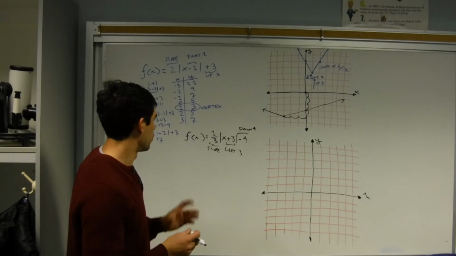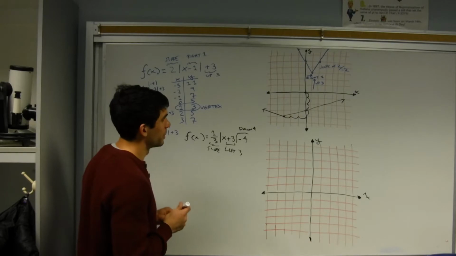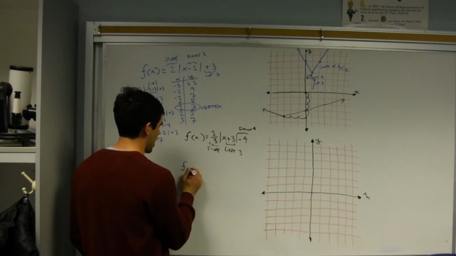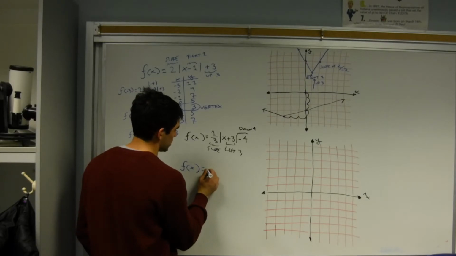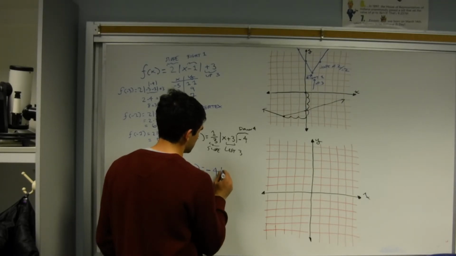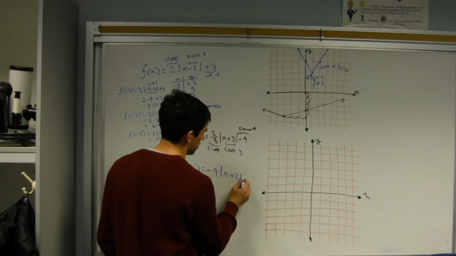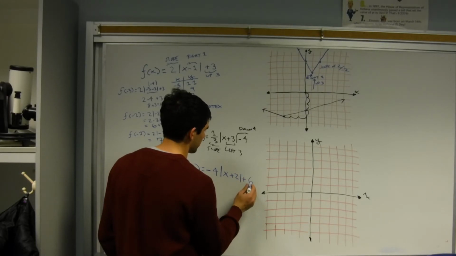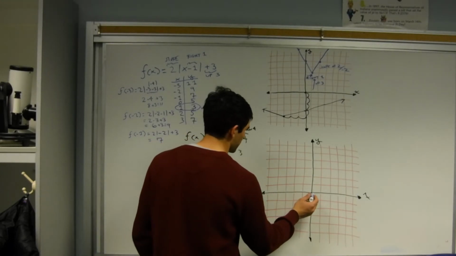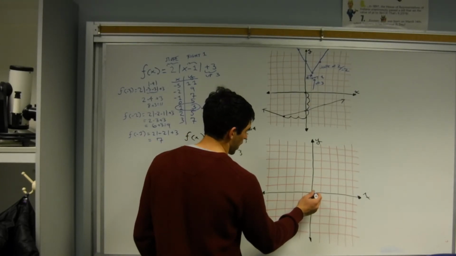And I just wanted to do one last example of a really, really complicated one. So let's say f of x is equal to negative 4 times the absolute value of x plus 2, plus 6. So again, we're going to start at the origin, and we're going to go up 6.